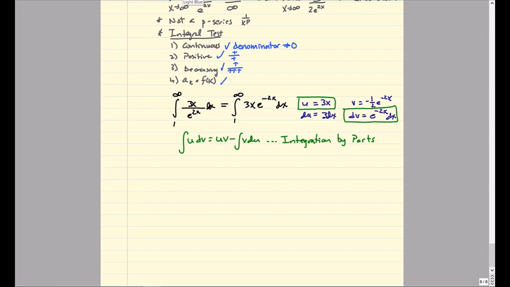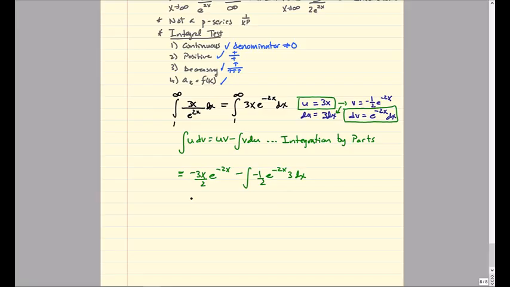So the integral is going to be equal to uv, so that's going to be minus 3x over 2 e to the negative 2x, minus the integral of v du, so minus 1/2 e to the negative 2x times 3 dx.